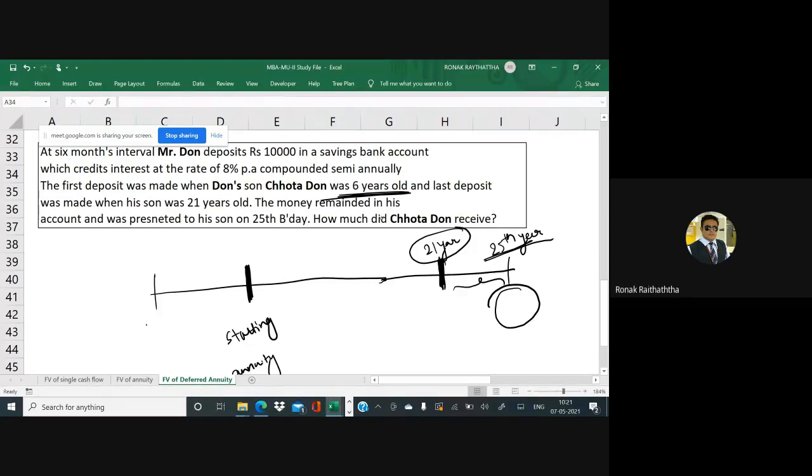So this is the period where money will remain in the fund, and obviously you are not doing it as voluntary seva, right? You will be charging the interest. If your fund has been there, you will be taking the interest for that. So it's not a voluntary service from you. You'll get the interest. But you've got to understand where the annuity is starting and where the annuity is getting completed. So this is the period in which the annuity is applicable.